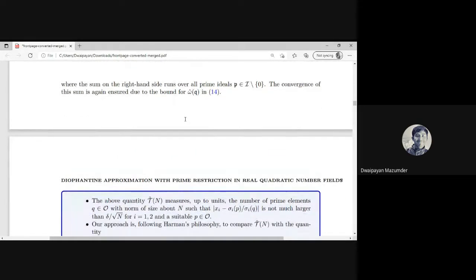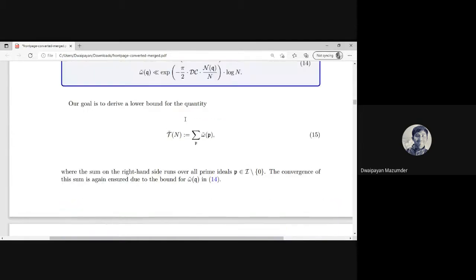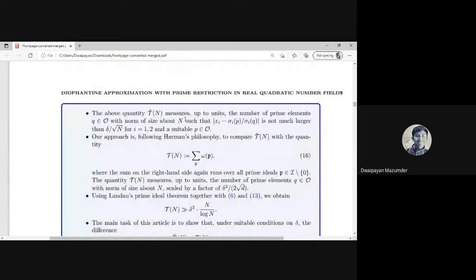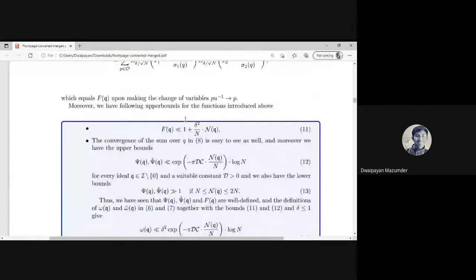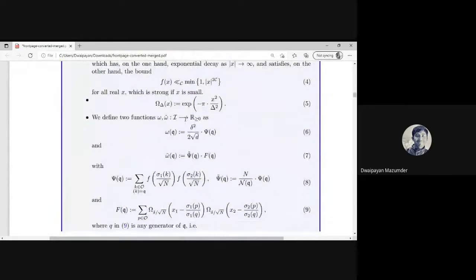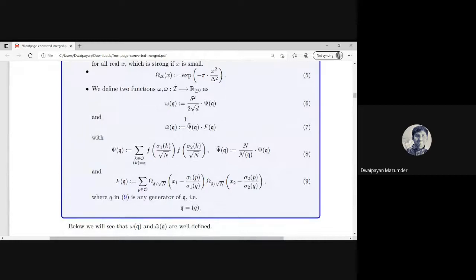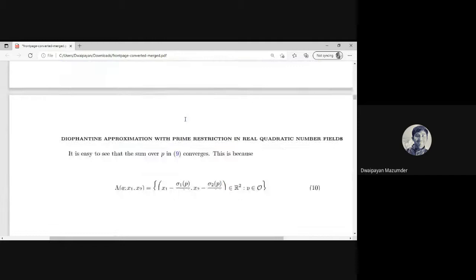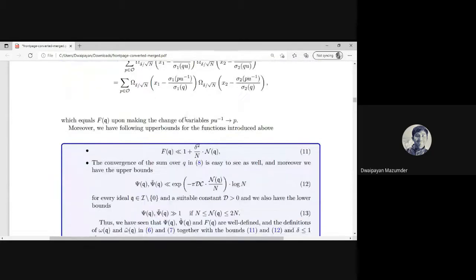The above quantity measures, up to units obviously, the number of prime elements q in the ring of integers with norm of size about n. Because if not, then you have a very negligible quantity. Remember that your omega tilde_q involves psi tilde_q, and psi tilde_q also involves n by norm q. So you have to choose your norm q in the size of n. Otherwise, you are getting negligible things.